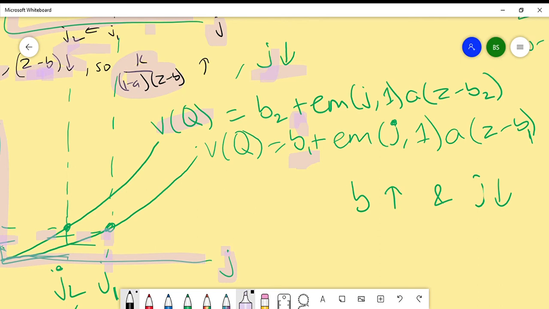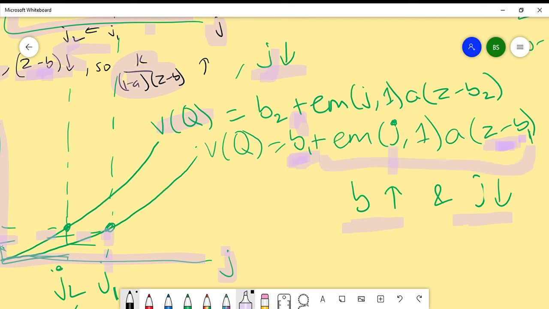B increasing is the original effect, and J decreasing is a subsequent effect. So we have to think about both of those. Since B increases, this guy increases. If this guy increases, then this guy decreases, and J decreases, so this whole thing decreases.